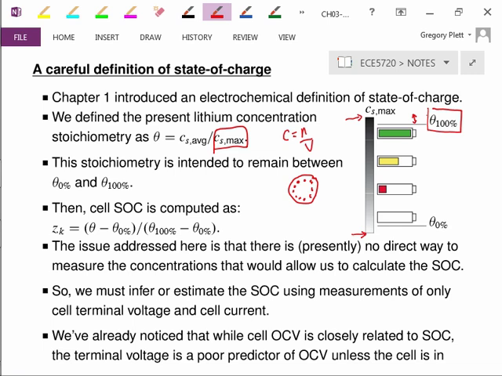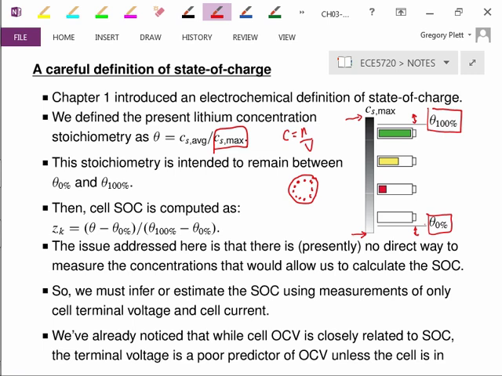Similarly, for the bottom side, I define a theta 0%, and this is, again, a design choice. And it's usually not 0. It's different from 0. This is why it's possible to over-discharge a battery pack, because even when the cell is notionally at 0% SOC, there's still lithium that I could move from one electrode to the other.